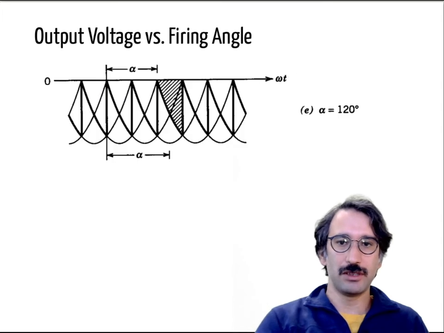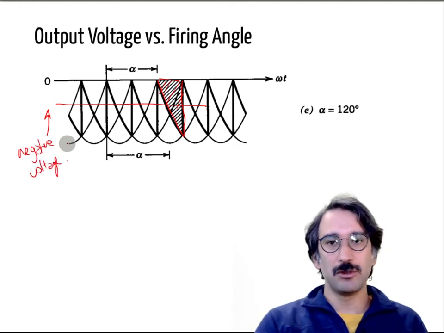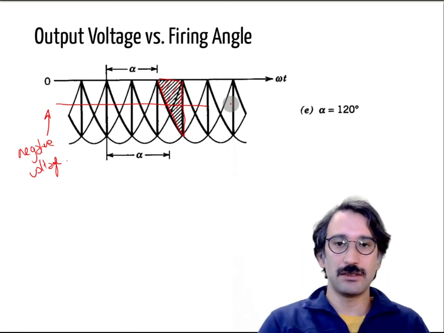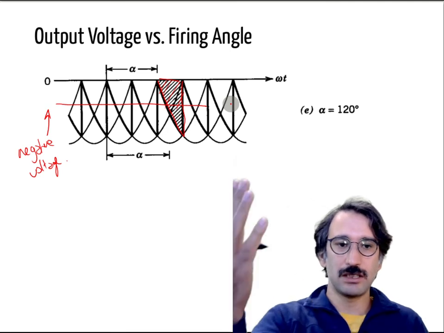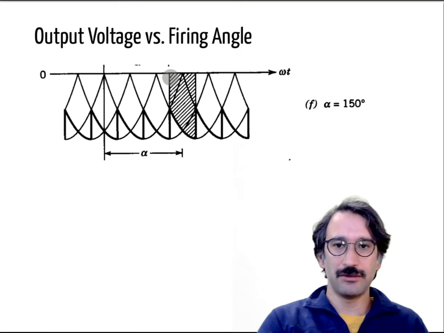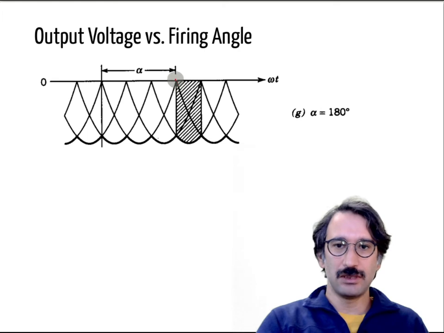And if you go further, now it is symmetrical to the 60 degrees, but now I'm generating a negative voltage. So again, similar to single phase thyristor rectifiers, this is a two-quadrant rectifier, so you can supply positive or negative voltages. If you go to 150, it is like that, and if you go to 160, it is identical to 0 degrees, but in the negative region.